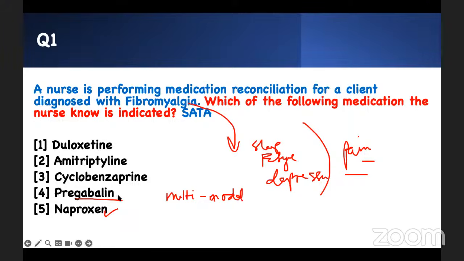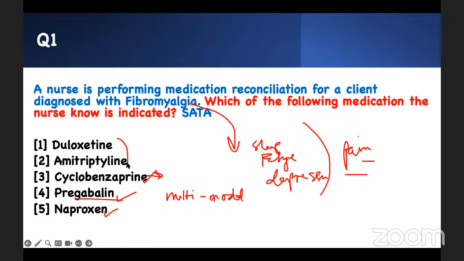Therefore, one of the classes of medication we use for multimodal pain therapy is anti-epileptic. Think about trigeminal neuralgia, you know what the medication is used for, so this is right. This is Flexeril, cyclobenzaprine. It's going to help their muscle. Easy, right?